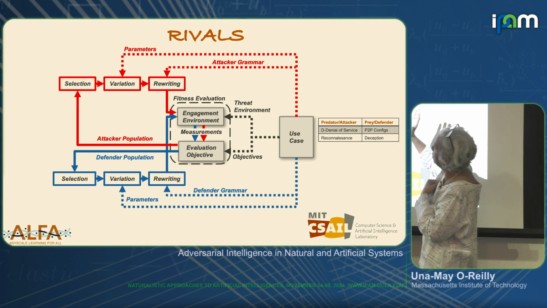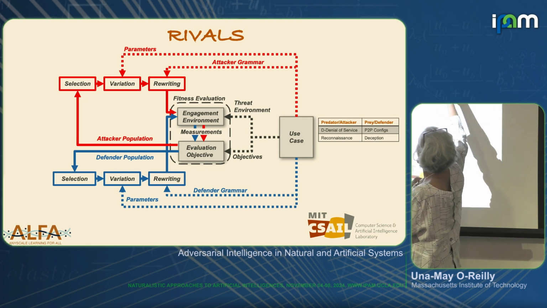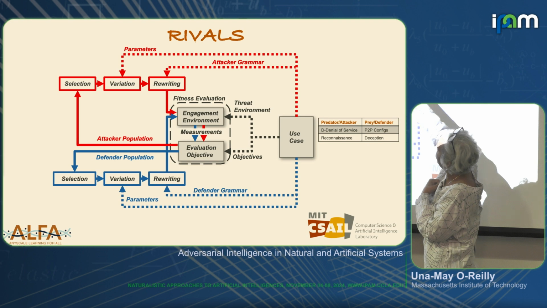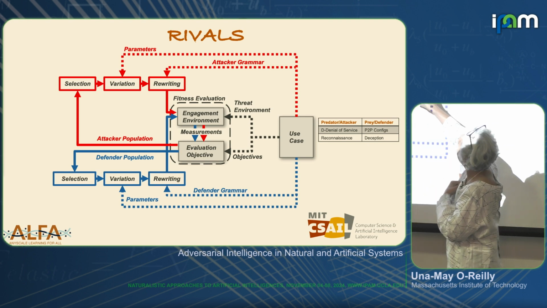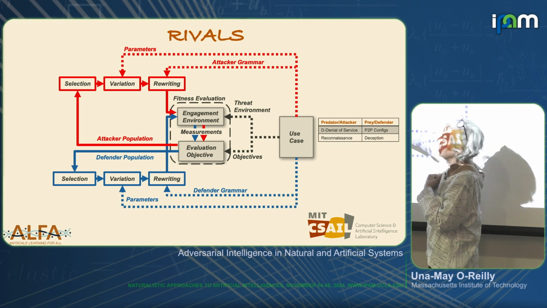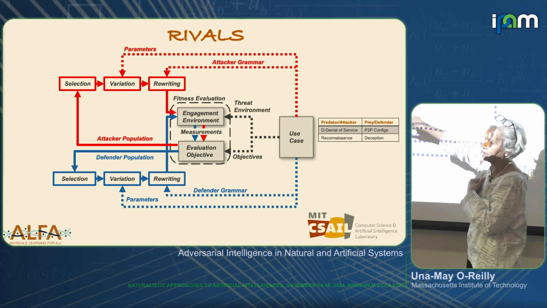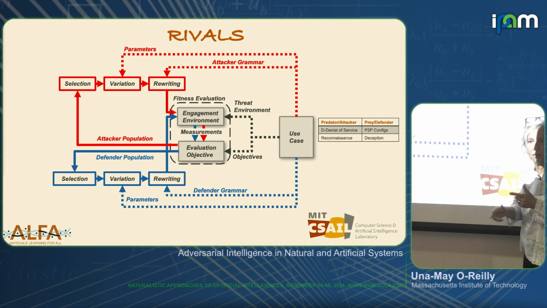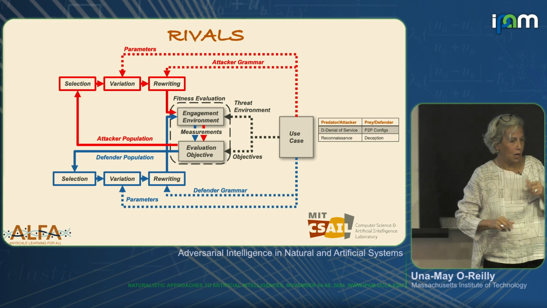And we could use this coevolutionary algorithm framework where we would push into it, for every new use case, the grammar I gave you and the parameters of the algorithm down here. And then in this fitness environment, this competition environment, we had to say what the threat environment was, and we had to give objectives to these two pieces. And the objectives could differ, right? So we were able to do that two or three times.